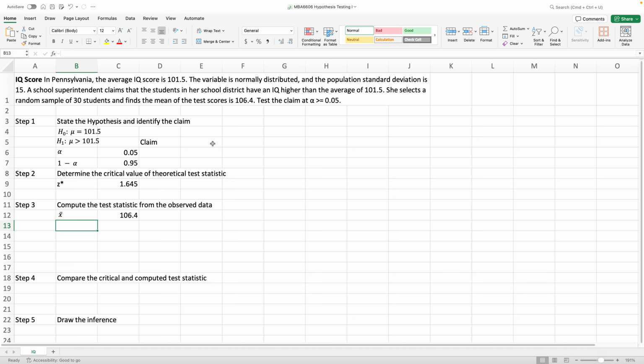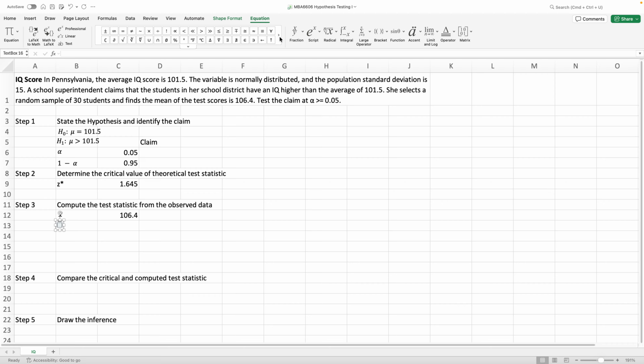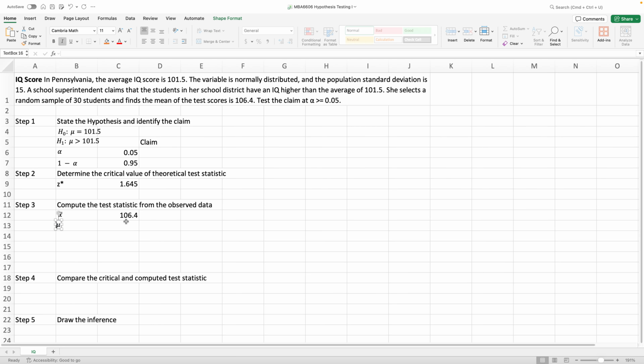The population mean, or the value that we have hypothesized, that is mu, mu is 101.5.